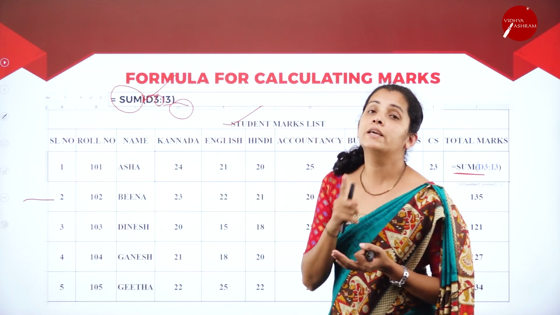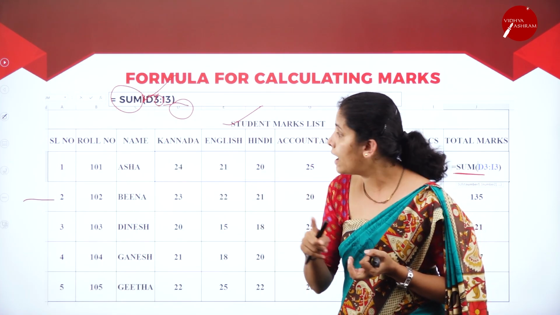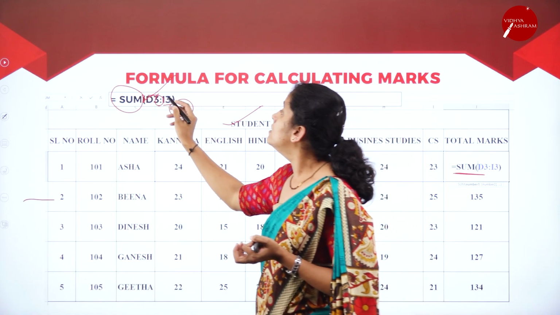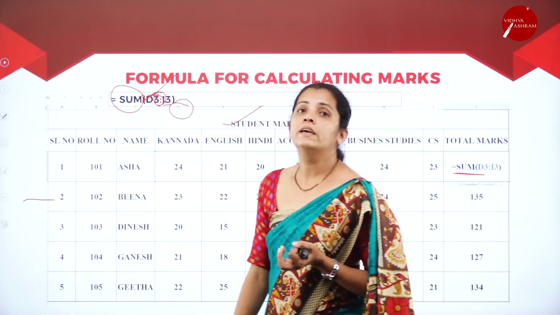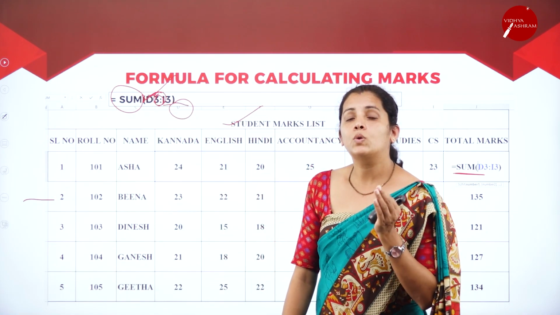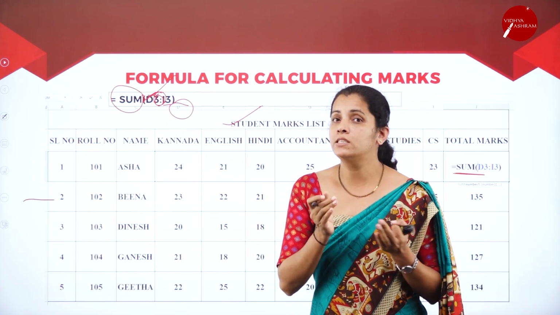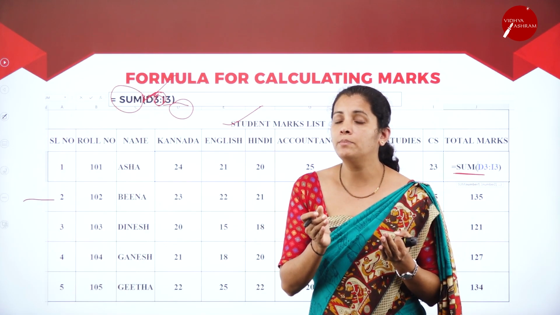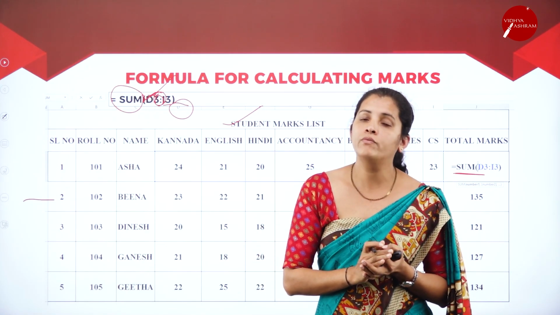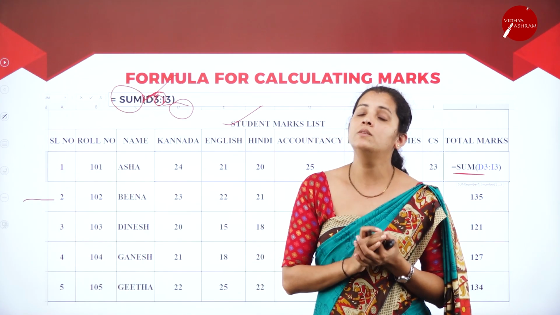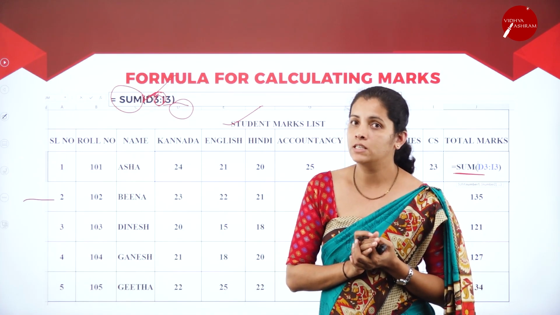D is nothing but the column address, whereas the number 3 is nothing but the row address. And how am I going to get the cell address? That is nothing but the intersection of rows and column together forms a cell.